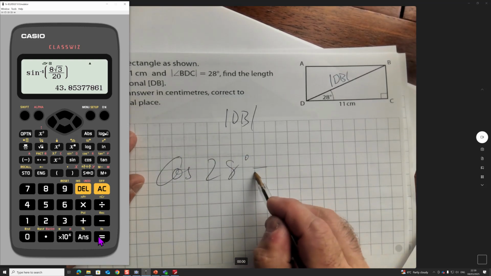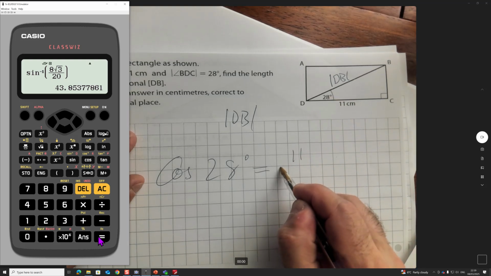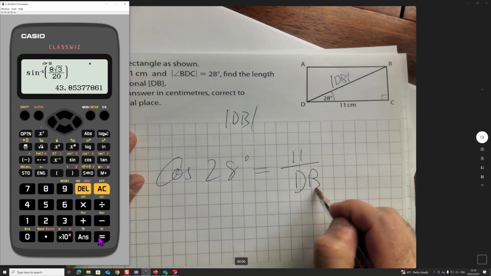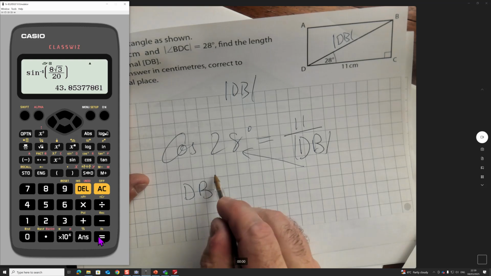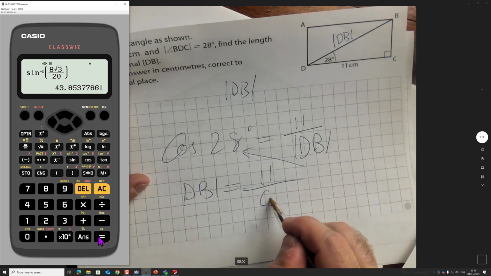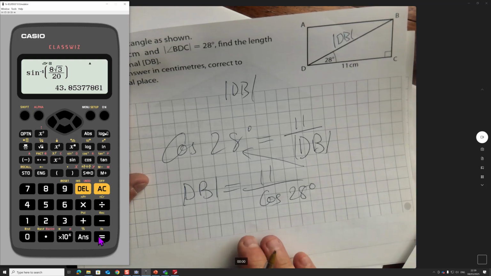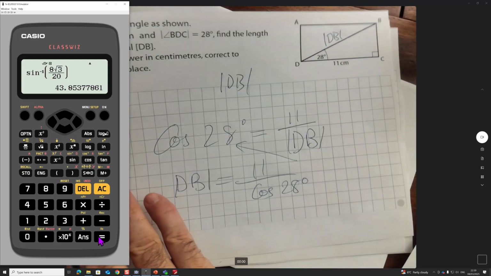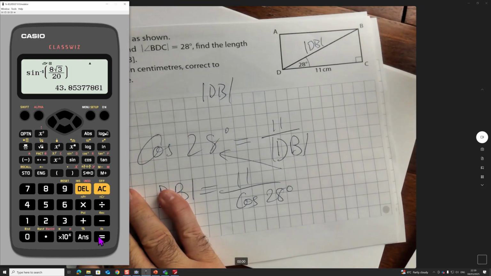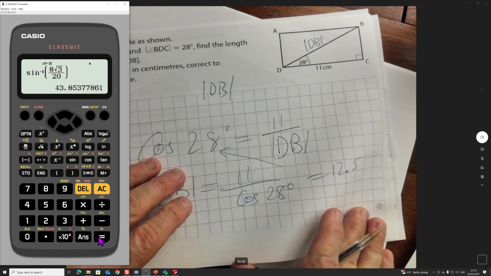Cos of 28 degrees equals 11 over what we're looking for. Bring what we're looking for up and bring the cosine function down and plug it in. It comes out to be 12.5.